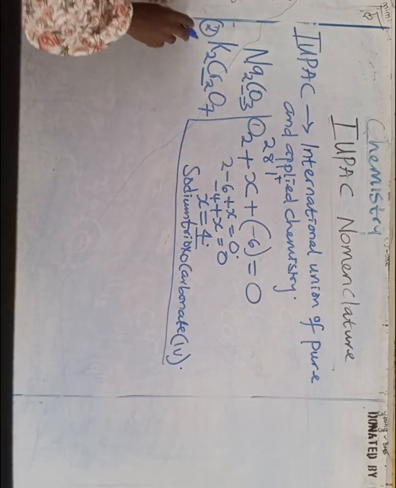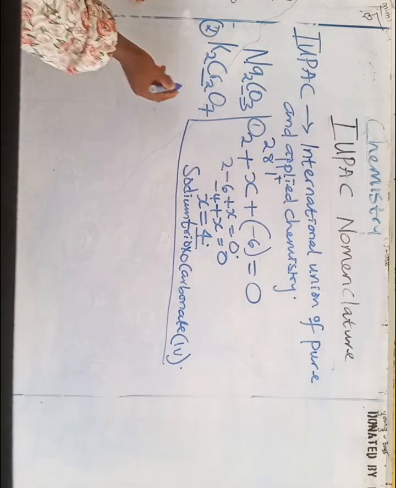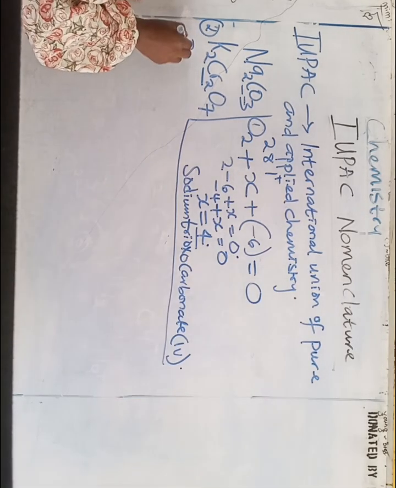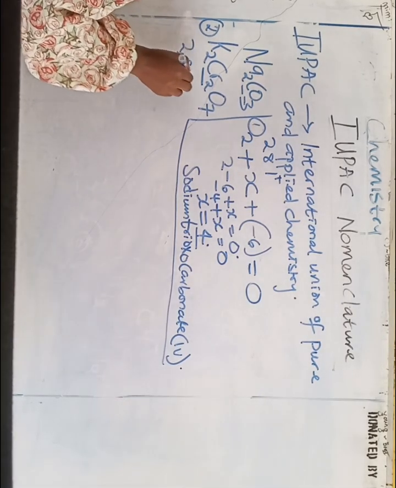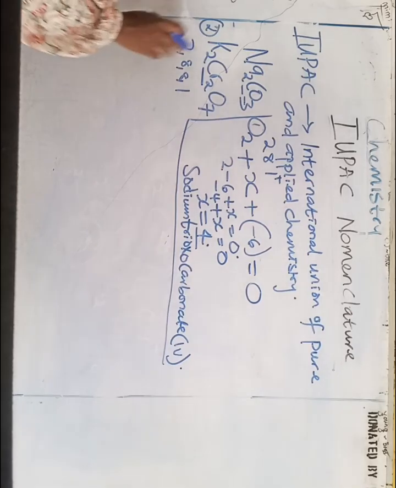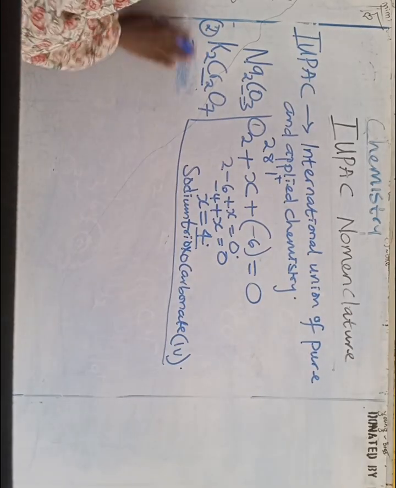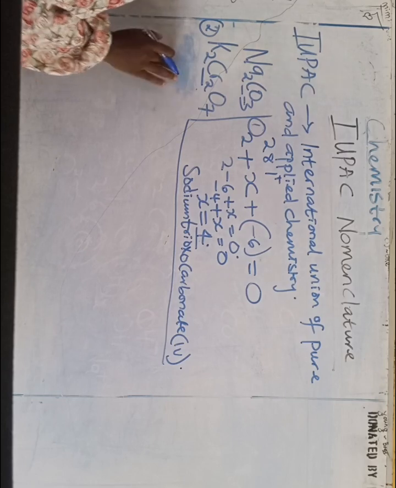Okay, so potassium is what? On the periodic table, my potassium is 19, so I have 2, 8, 8, 1. So automatically the oxidation number is plus 1. It has the same valency as sodium.